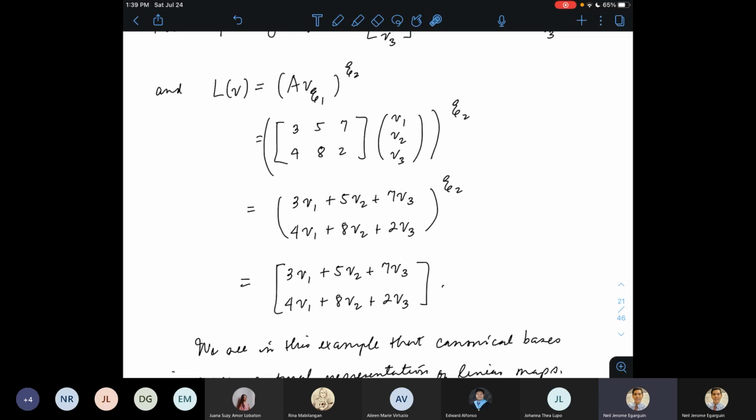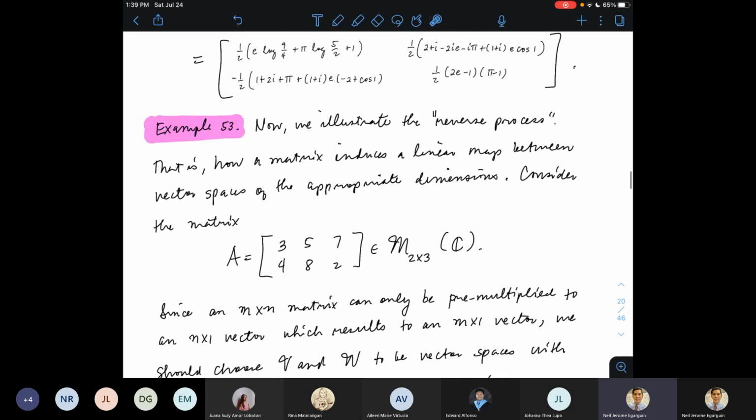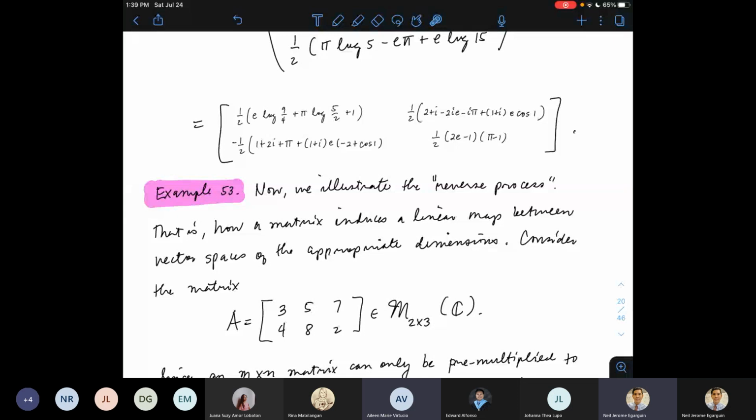So siguro three-dimensional, siguro R3 to, siguro to polynomials na lang. Yeah. So ipapattern nyo lang talaga siya dun sa ginawa sa example 53 para magkaroon lang kayo ng experience how to do the other way around.